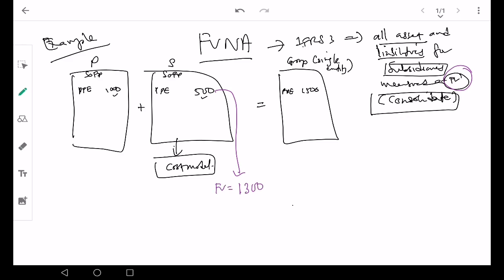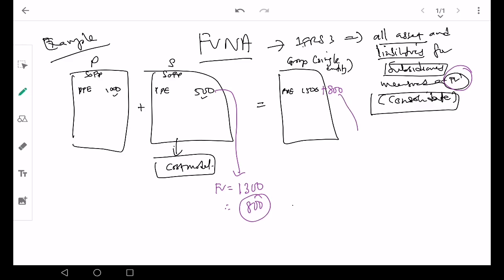So fair value is 1,300. So you have an additional of what? Good, an additional of 800. So you can plus 800 in the group statement.